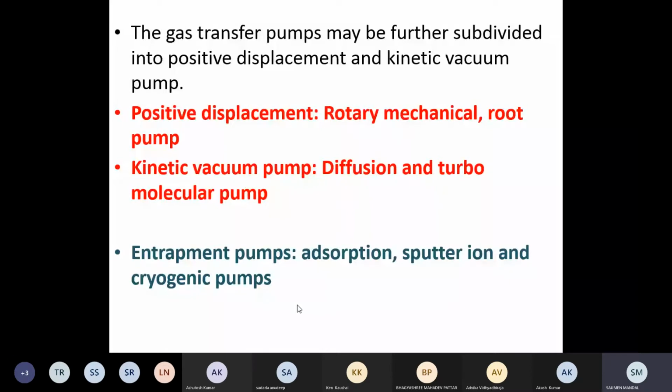That's why last class I asked, do you know XPS? In XPS we need very high vacuum. That analysis is called elemental analysis of material. Suppose you have a metal and you want to know its elemental composition.